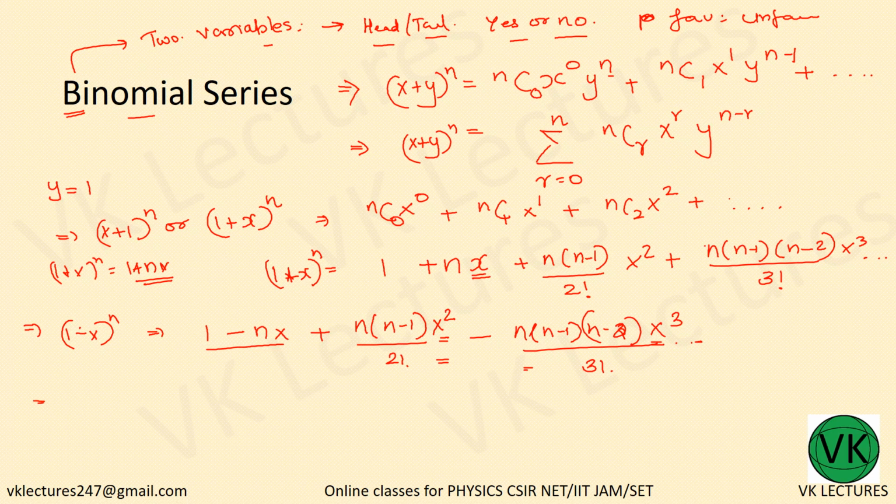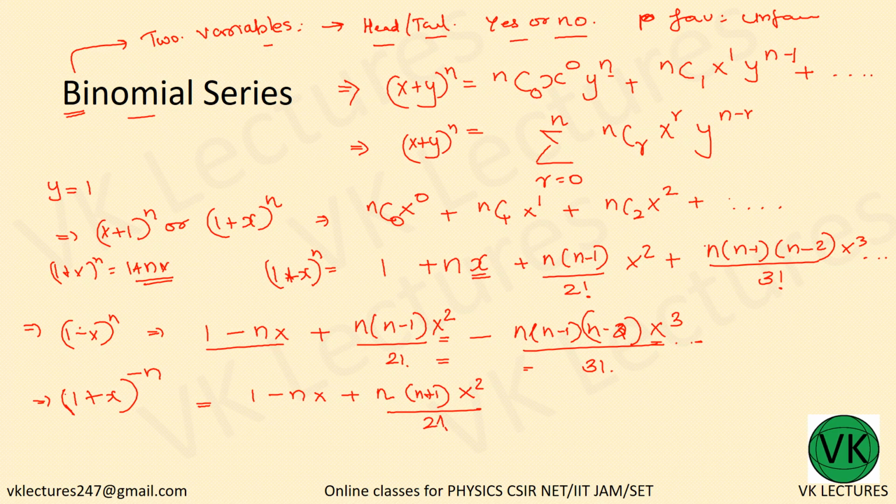Again you can write (1 plus x) whole to the power minus n, this would be equal to 1 minus nx plus, here just change n to minus n, so this will become n into n plus 1 x square divided by 2 factorial.